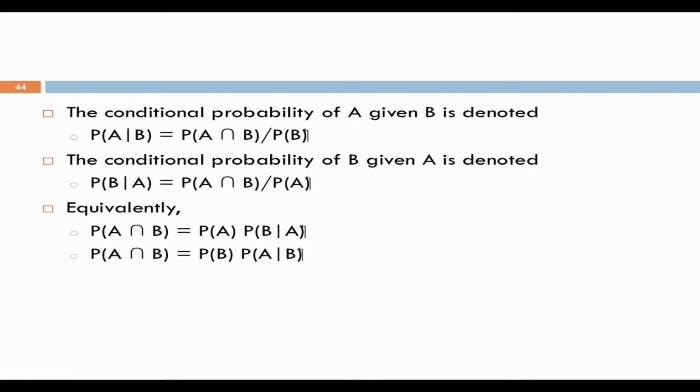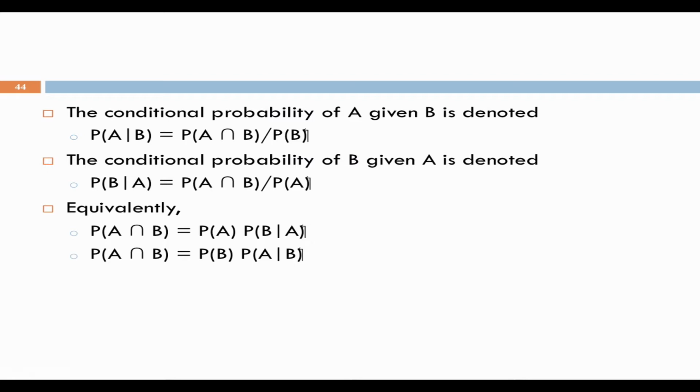It means that if you know B already happens and you are interested in the probability that A happens, your total sample space is now changed from the whole sample space to the sample space specified by B. Remember, to calculate probability you need this ratio.